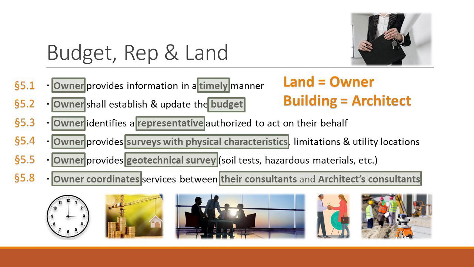Article 5.3, you've got to identify an authorized representative. That's just the point person. And the reason for that is you don't want to have 3 or 4 different talking heads for the architect or for the owner. So, for example, in last week's meeting between my client and the contractor, the 2 principals at the meeting were the owner's reps identified in the contract. So they were able to speak on behalf of the owner and actually bind them to their statements.